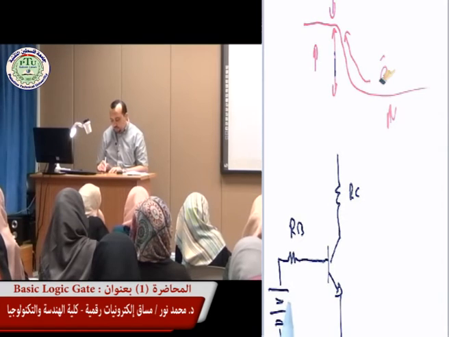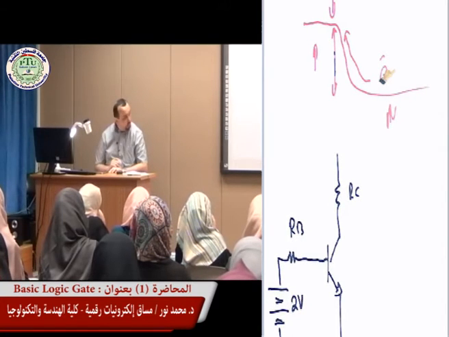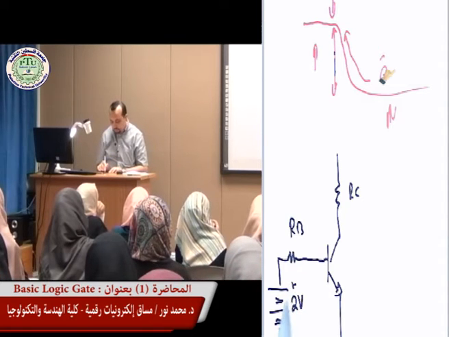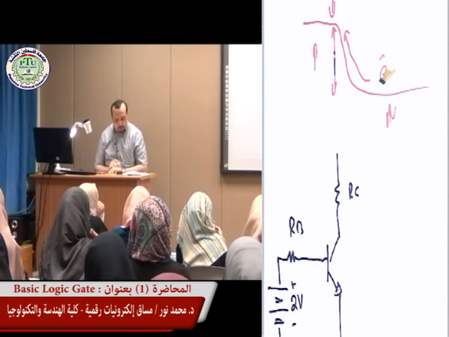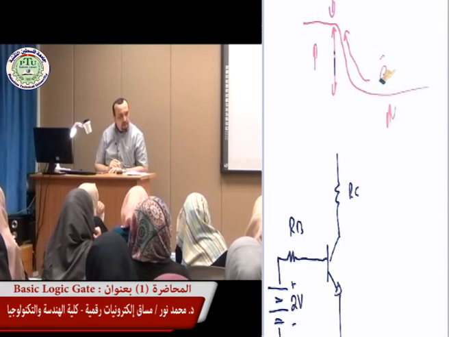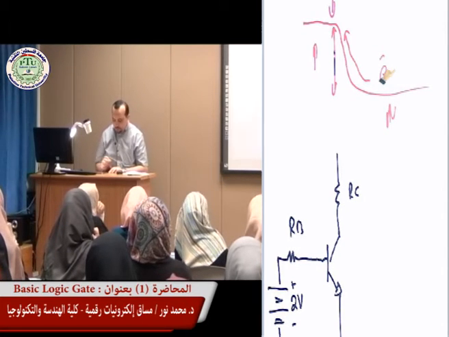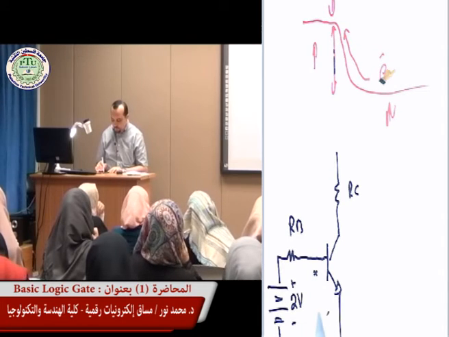The battery is 2 volt, with plus and minus, and RB is not given. And here we have the junction VBE.